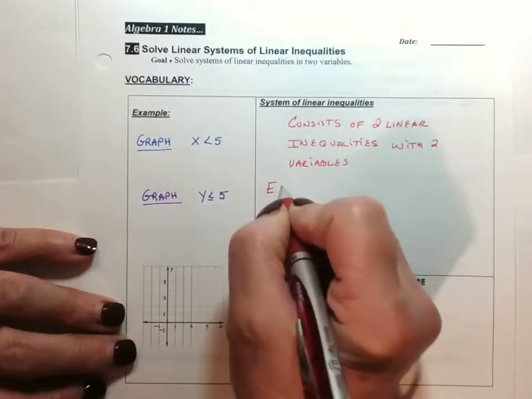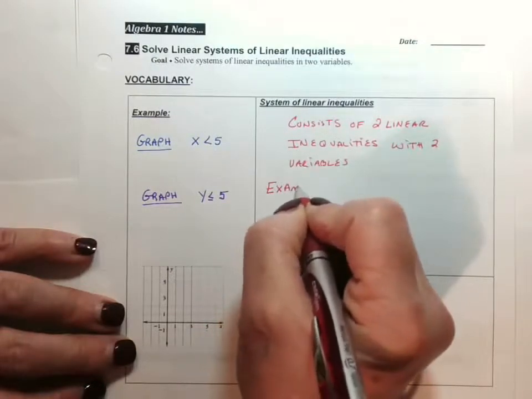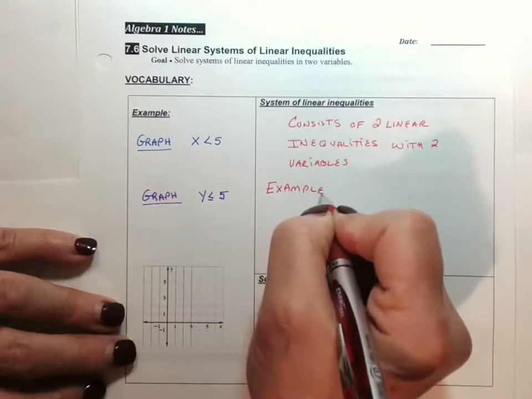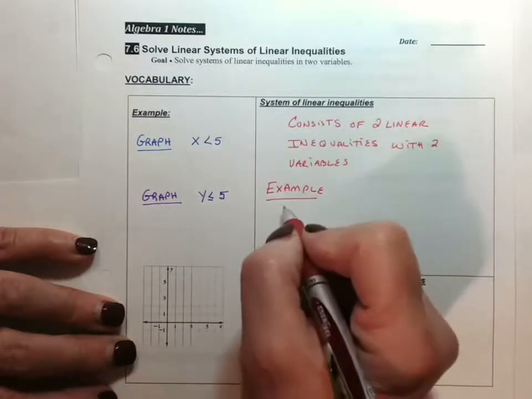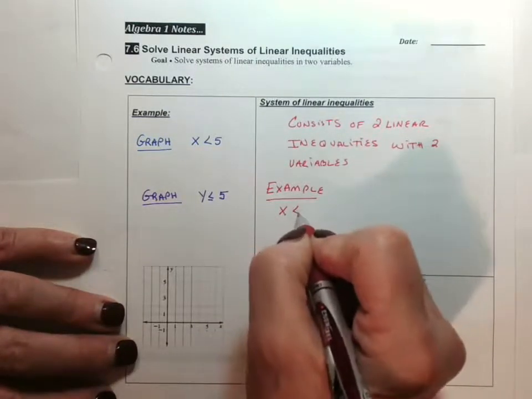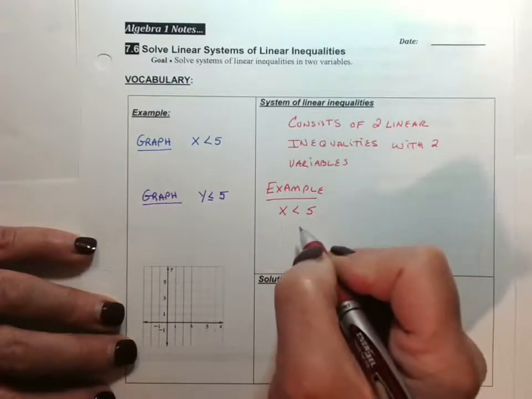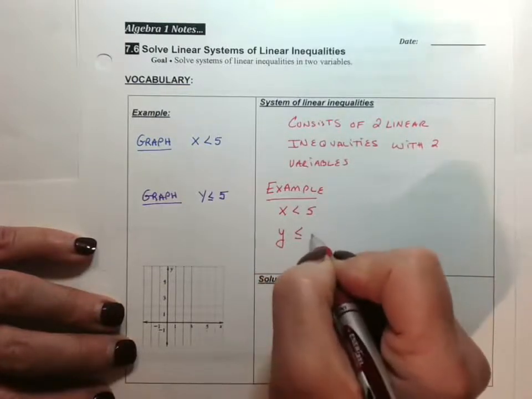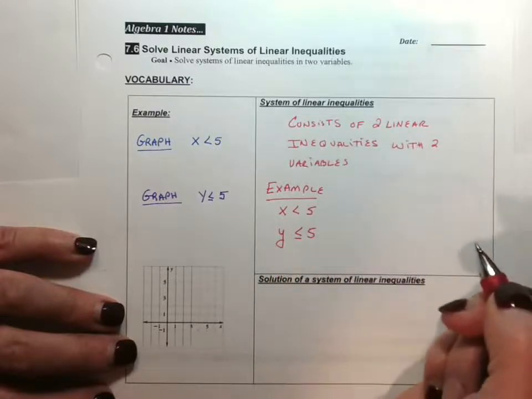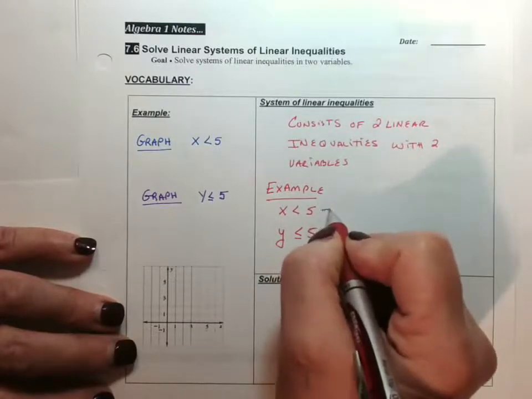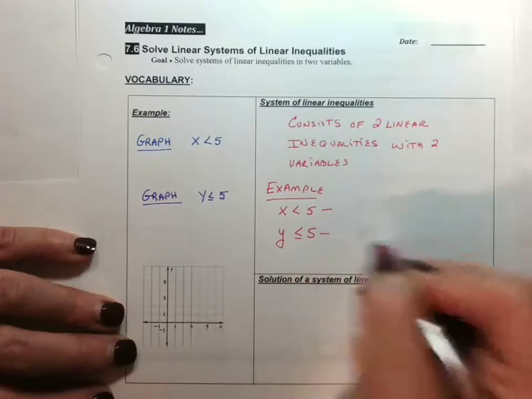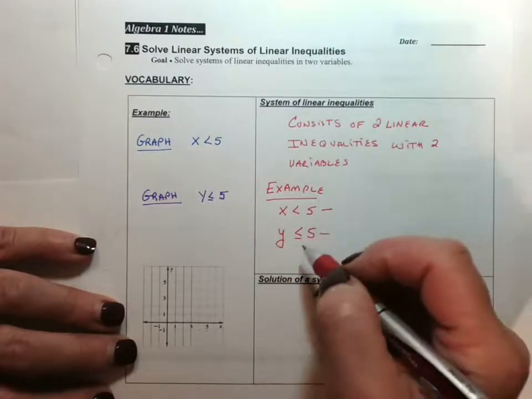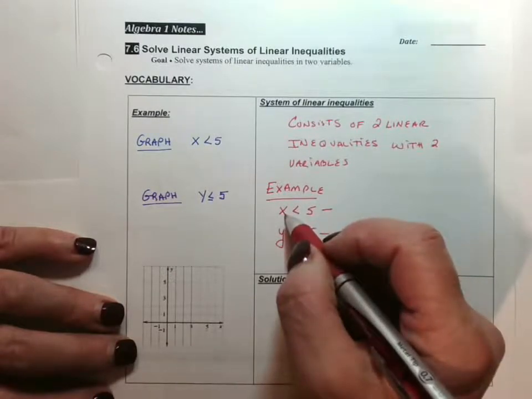Example: if we want to graph x is less than 5 and y is less than or equal to 5, first we need to know, is this going to be a horizontal or a vertical line?